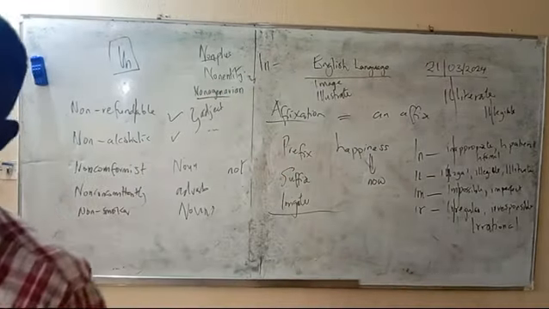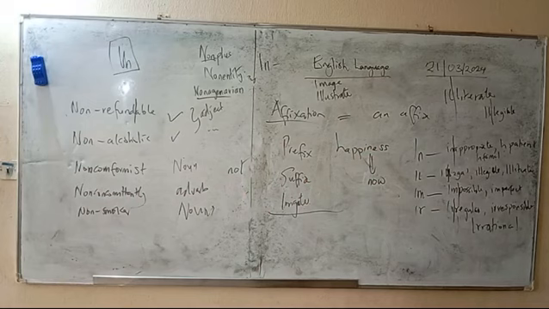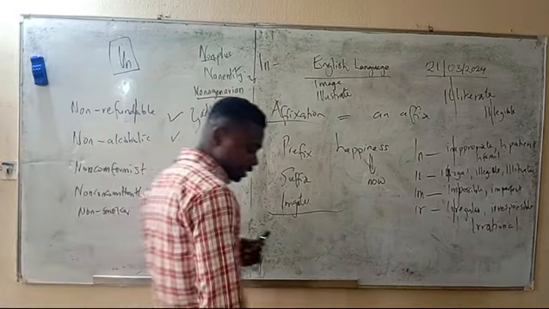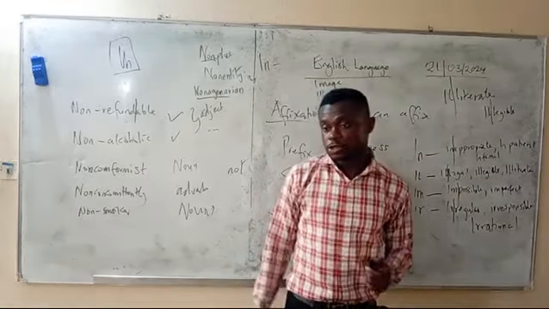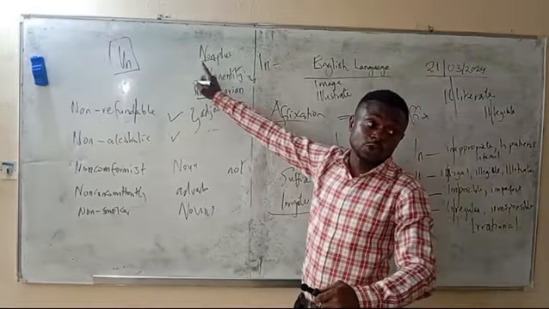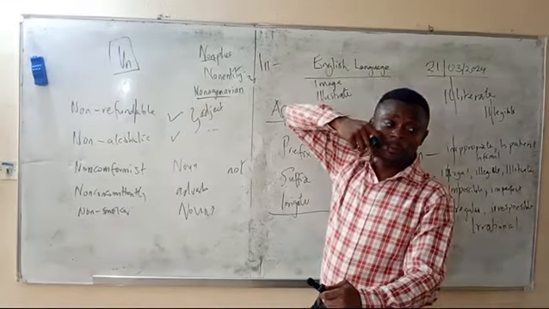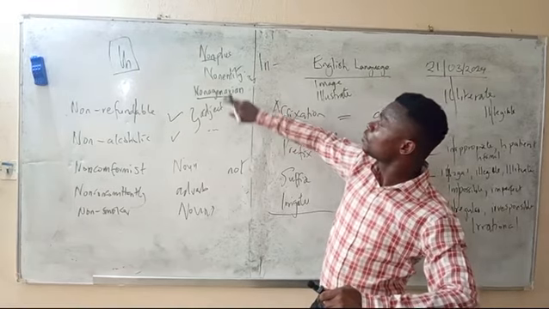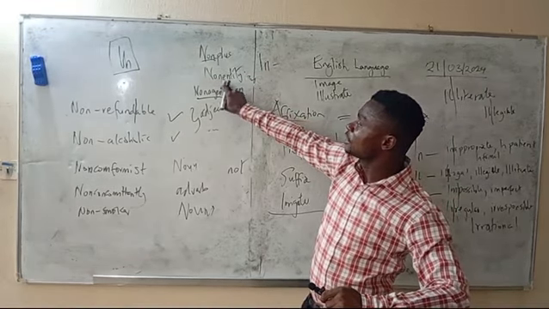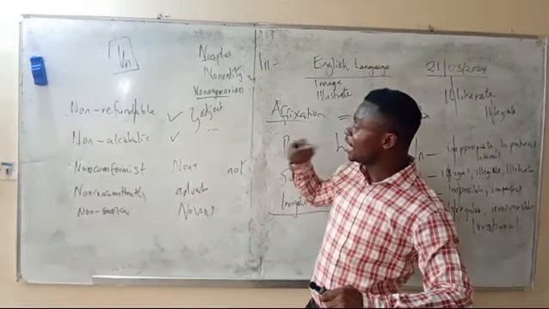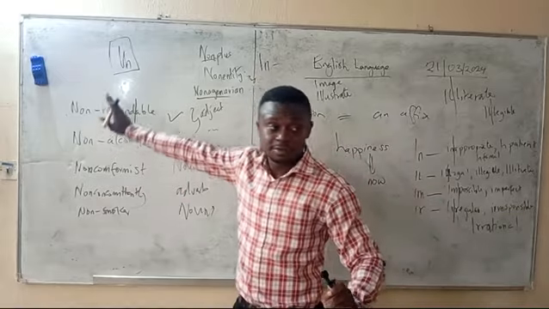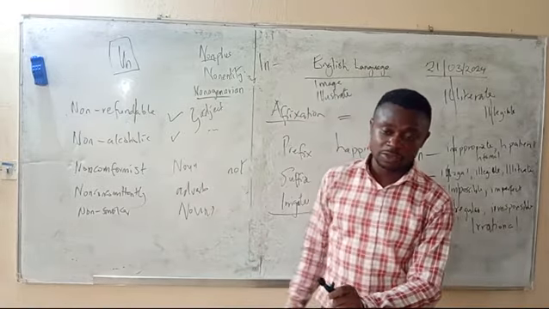So if you go now, nonplus, non-entity, nonagenarian, find out their meaning. Then you check whether they follow this or not. So in our next class, you let me know.